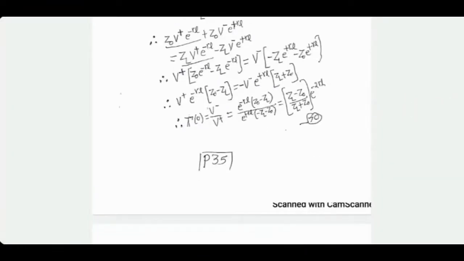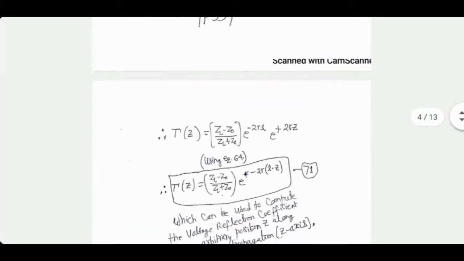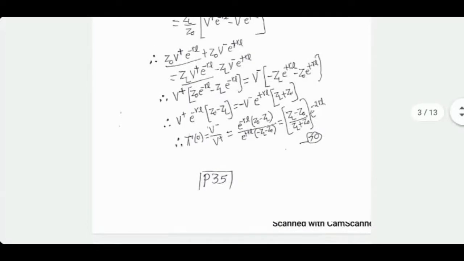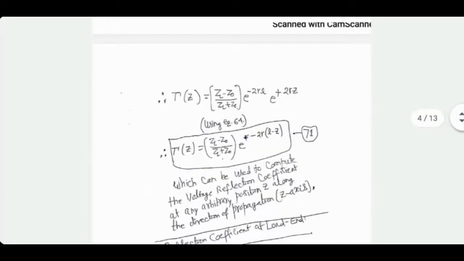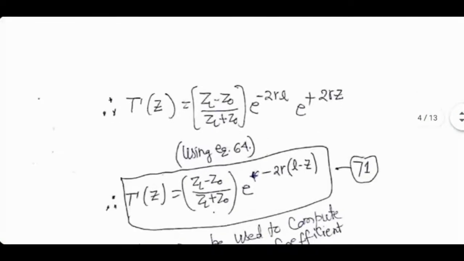Yeah. And V minus upon V plus is tau 0 anyway, we know that. Now tau z is tau 0 multiplied by e to the power plus 2 gamma z. So in that I put the value of tau 0 that I have figured out. So the general formula for tau z turns out to be equation 71.